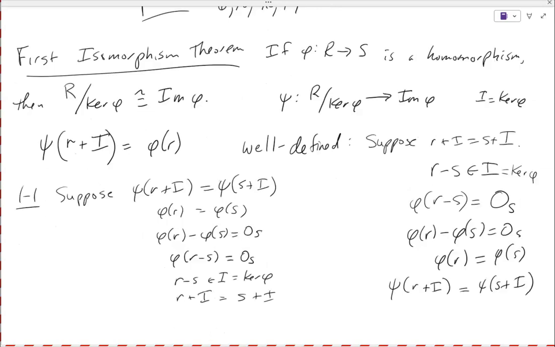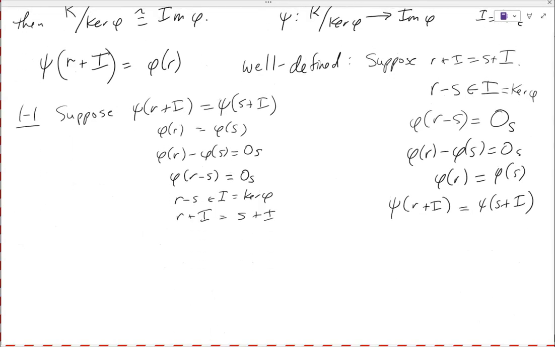All right. On to onto. How do we show something is onto again? Yep, take an output and find an input, right? So take something that's in the codomain, which is the image of phi, and find something that maps to it over here, right?